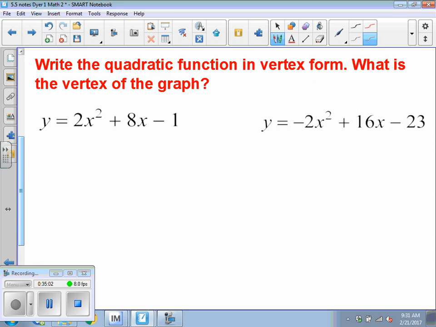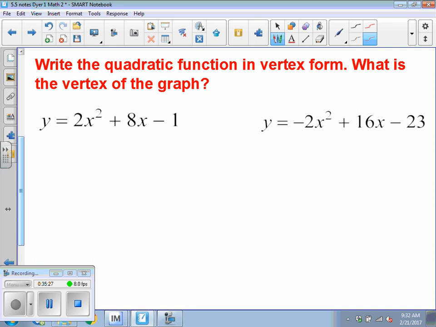But in order for us to do that, we have to complete that square, because we need to write that binomial squared so that we can see this piece. The only way to get it from a regular trinomial to a binomial squared is to complete the square. So that is what this skill is most useful for.